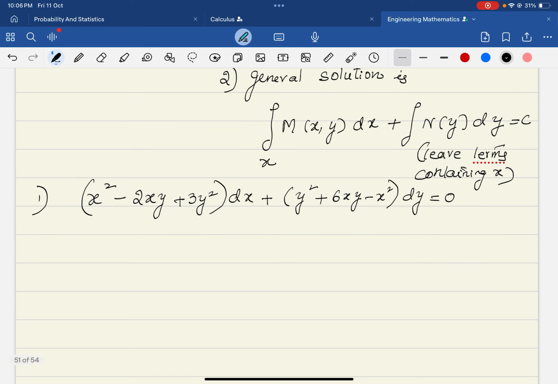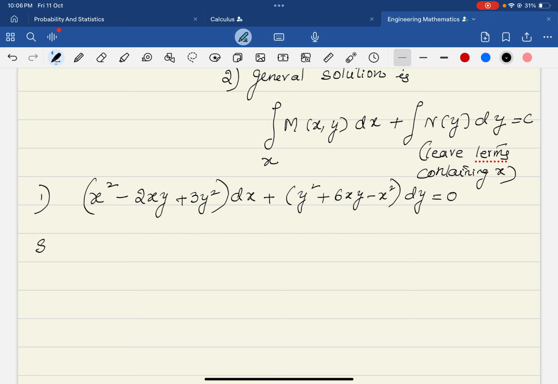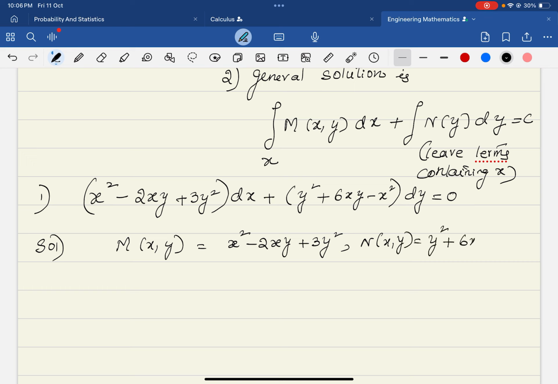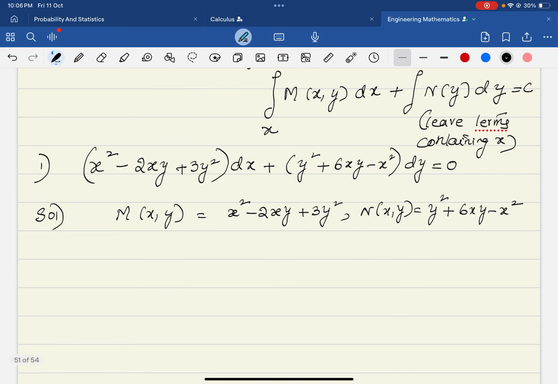So this is the equation. Now how to find M of x comma y? Here M of x comma y is x square minus 2xy plus 3y square. And N of x comma y is y square plus 6xy minus x square.